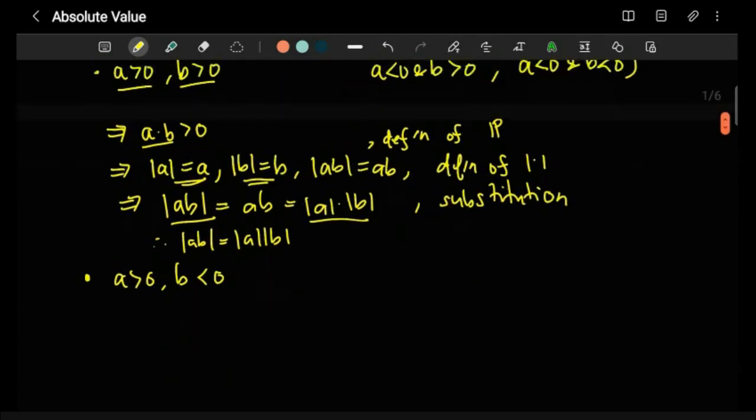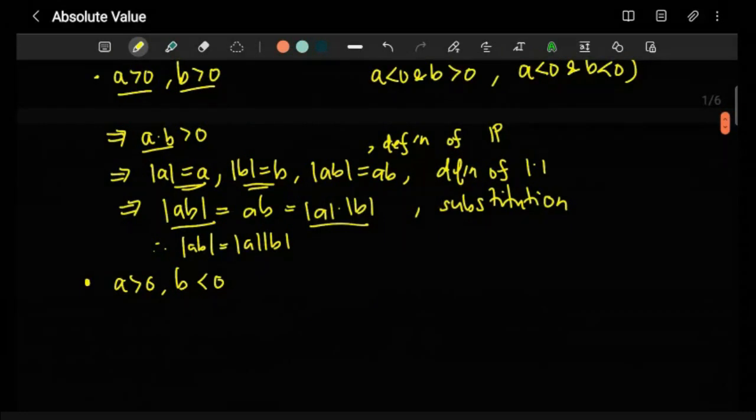Now, we use the same technique. We evaluate what AB is and then we evaluate the absolute value. A is greater than 0 and B is negative.